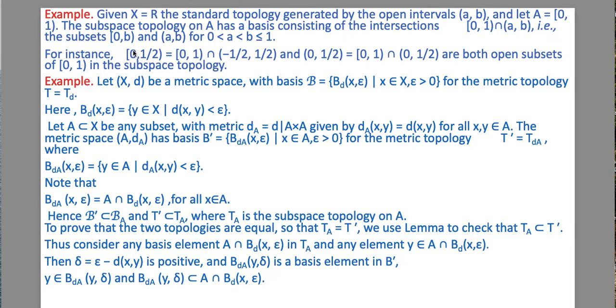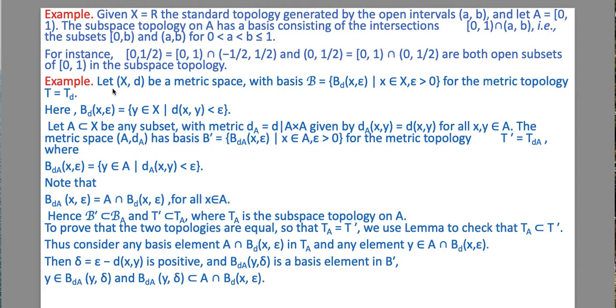So we can write the semi-closed interval [0, 1/2) as [0, 1) ∩ (-1/2, 1/2). And we can write (0, 1/2), this open interval, as [0, 1) ∩ (0, 1/2). These are both open subsets of [0, 1) in the subspace topology.